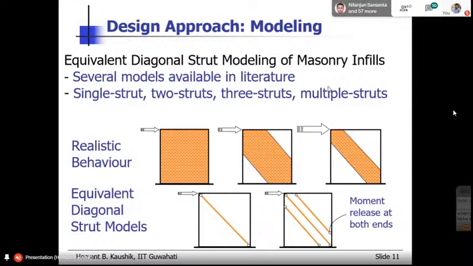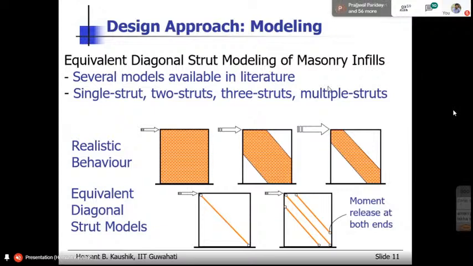Another possibility is you use some finite element software like Abaqus or ANSYS and try to model this infill wall, maybe as a single unit or maybe brick by brick, and try to model the interaction between different bricks, different mortar, and the RC frame.